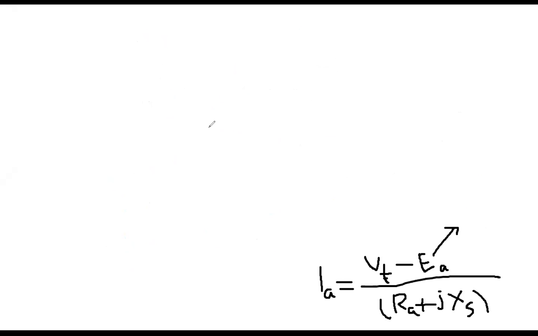Okay, so for example, assume that this is your VT, the terminal voltage, and this is your IA. Because it is overexcited, I am assuming that IA is fully 90 degrees leading, the way a capacitor works.